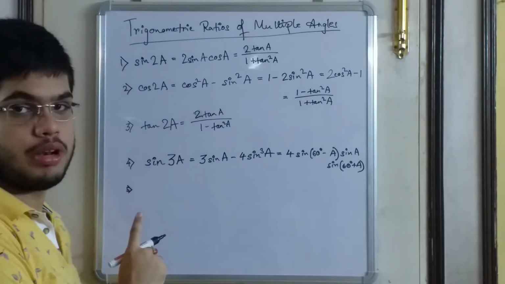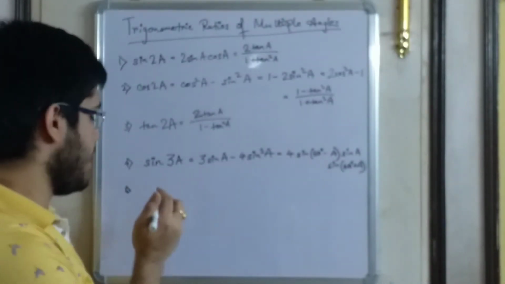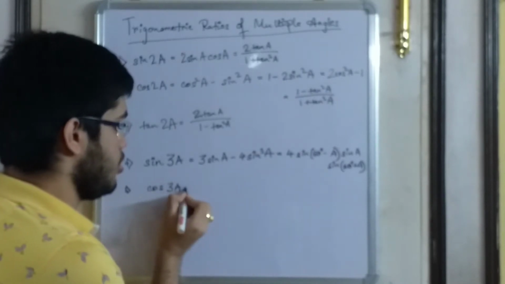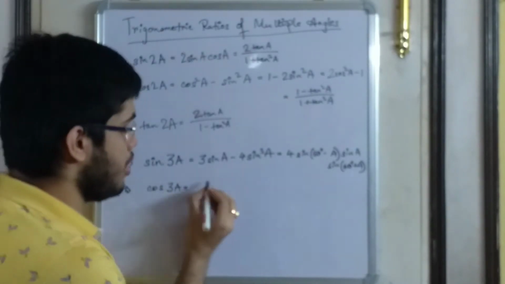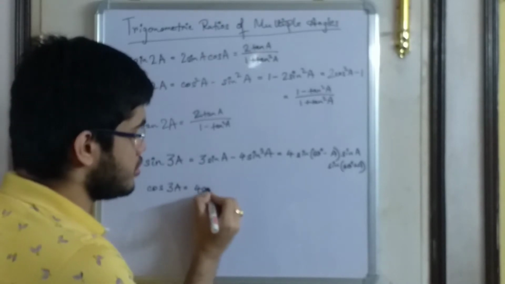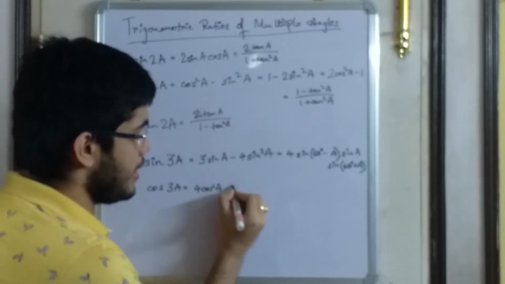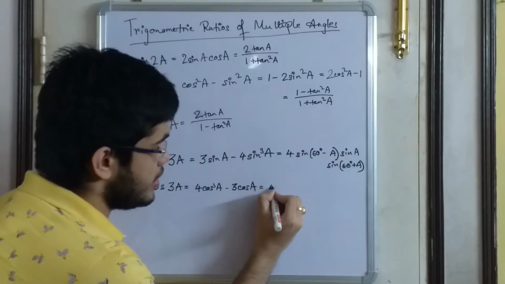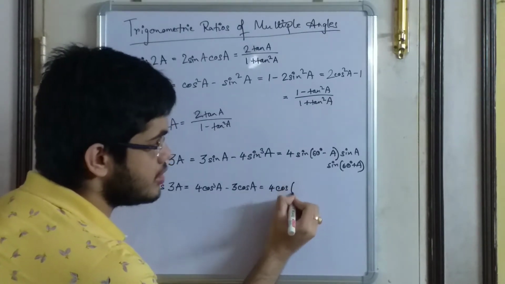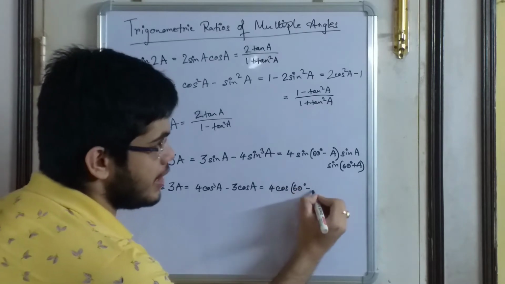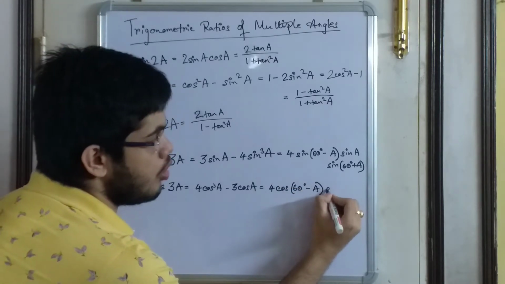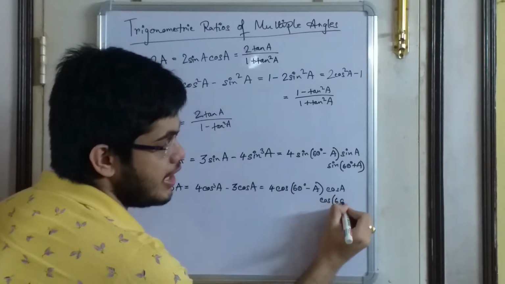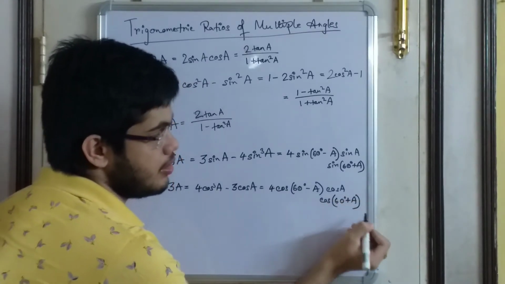Now the fifth formula is cos 3a. Cos 3a, the formula is 4 cos cube a minus 3 cos a, which can be written as 4 cos 60 degree minus a into cos a into cos of 60 degree plus a.